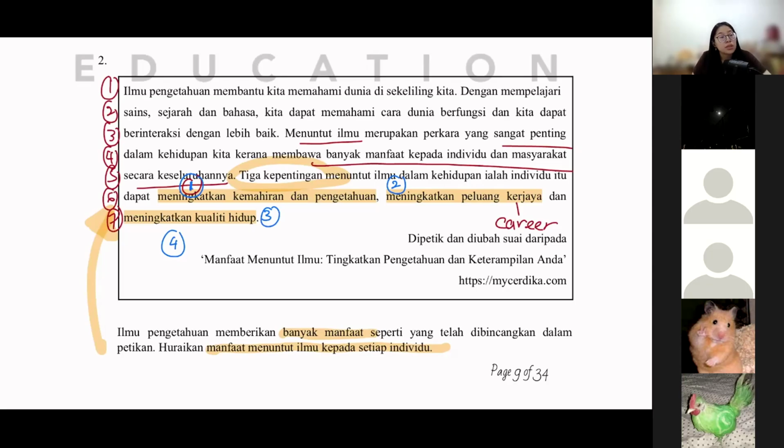Other people in career. But this one got already. Meningkatkan peluang kerjaya is the same thing. Same thing you cannot. So 1, 2, 3. There's one more. Give me other than this 1, 2, 3. What else?